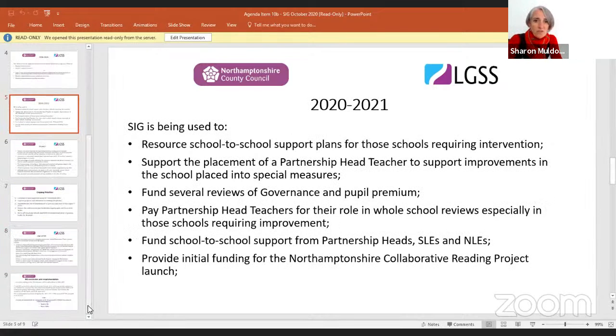So in terms of what we have been doing, even throughout COVID, but obviously in a different arrangement, we've been providing school to school support for those schools that are requiring an intervention. And that can take various means. We can have a partnership head teacher arrangement, which will support the head, whether that's a new head or a head that may need support and have some development areas, but also individual partnership arrangements.